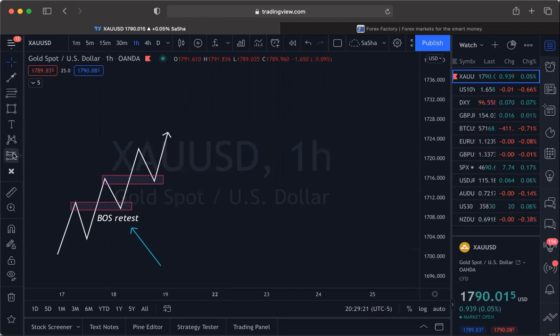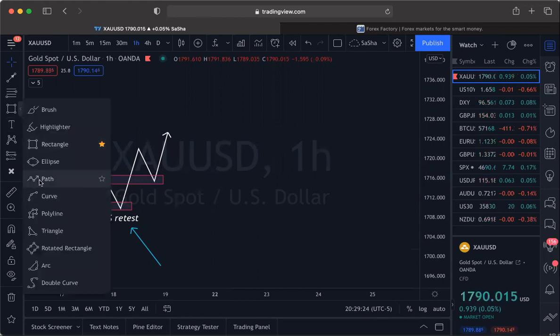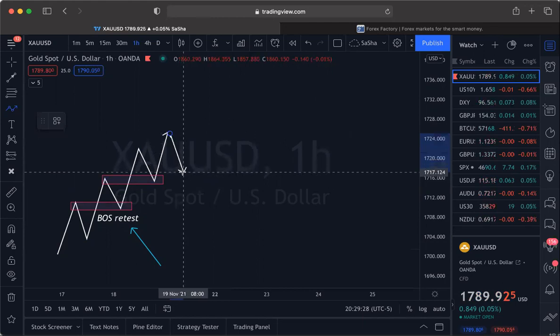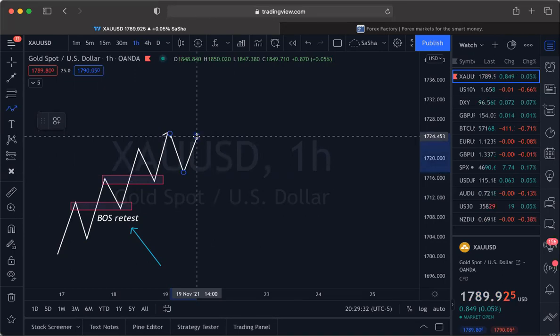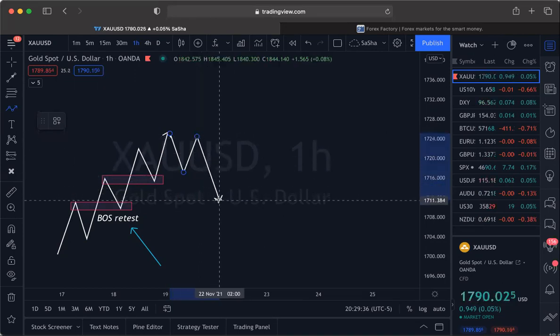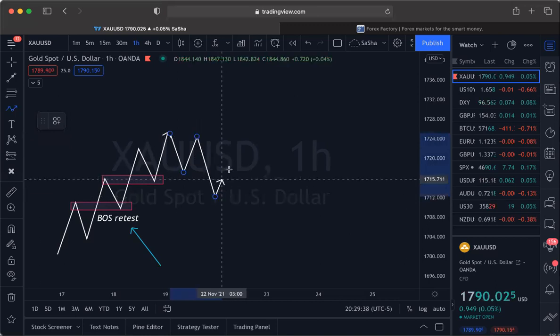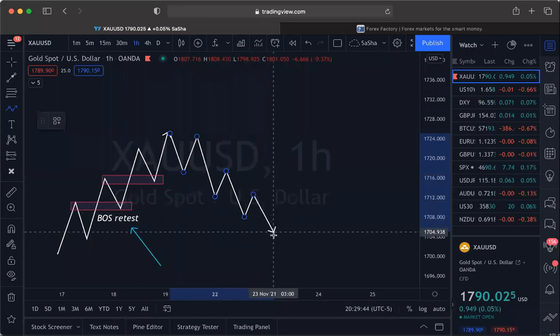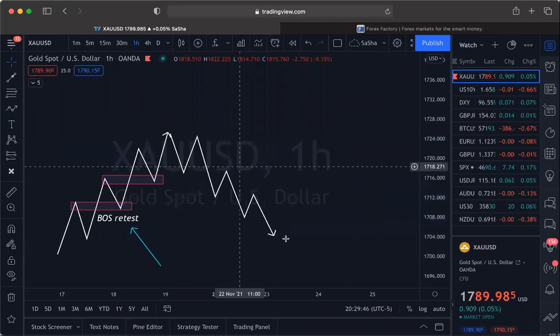Now if price wants to change the direction, what is it going to do? It is going to maybe start ranging in this area, and then on a higher time frame you start looking at this. Now what's happening here?